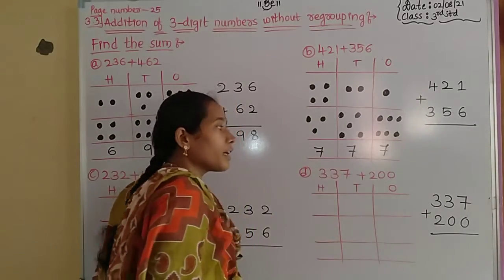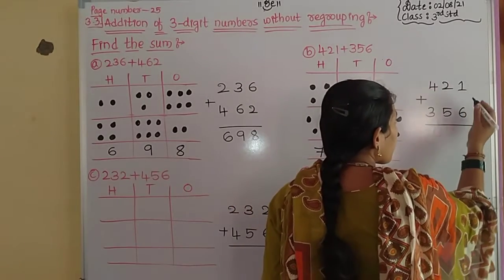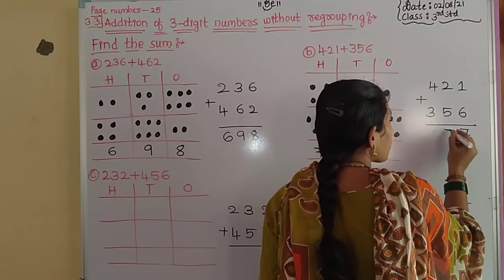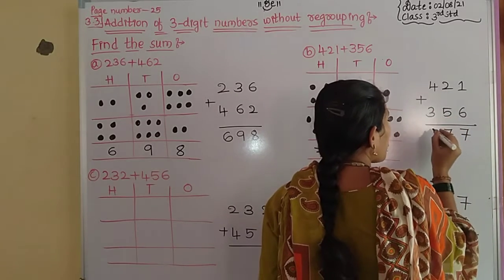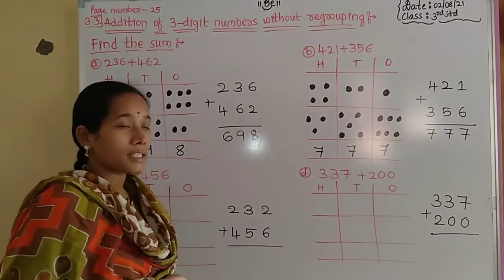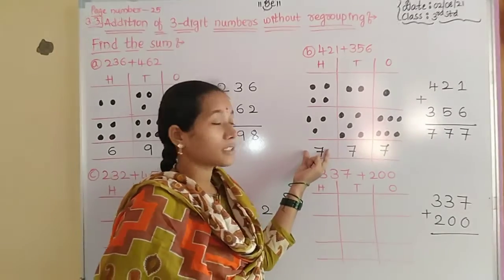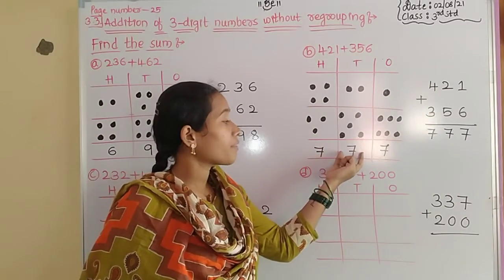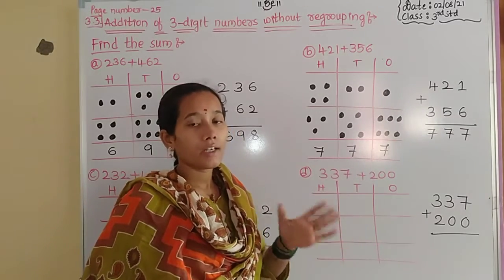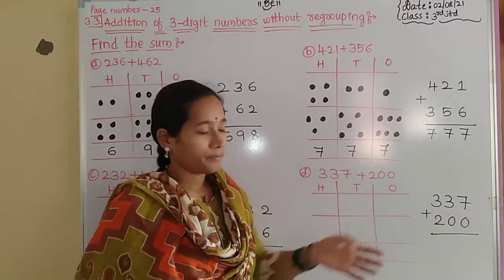Here also we solve the answer: 1 plus 6 is equal to 7, 2 plus 5 is equal to 7, 4 plus 3 is equal to 7. So the total sum, the number name, is 777. The first 7 represents the hundreds placement, this 7 represents the tens placement, and the last one represents the 7 ones placement: 7 hundreds, 7 tens, 7 ones.